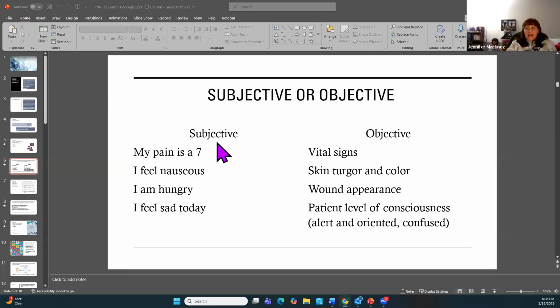So subjective, again, those are symptoms that the patient is reporting to you that can sometimes be very difficult to verify. Objective information, these are signs, things that we can verify using our senses or even quantifiable, like your vital signs, your lab results, those kinds of things.